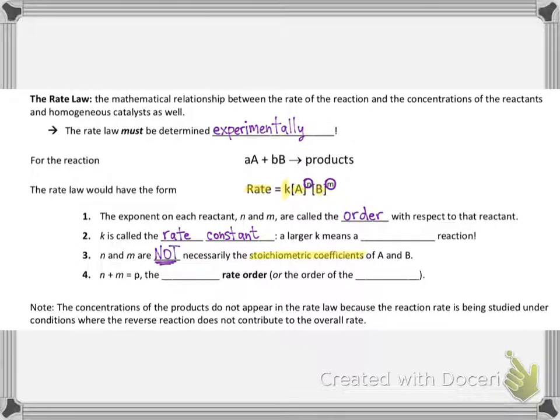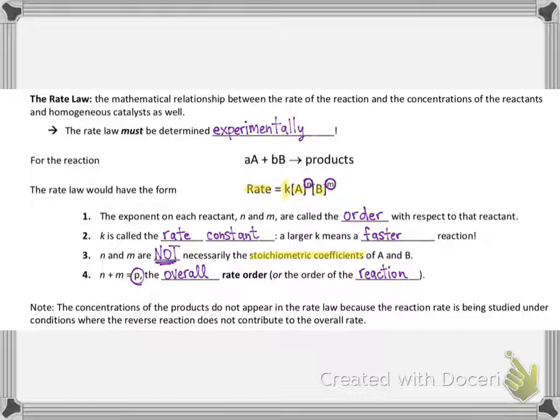Now, as you can probably tell from the way that this equation is arranged, if you increase k, the rate goes up. It's a direct relationship. So a larger k means a faster reaction. You can also add those exponents, n and m, and you get something that's occasionally referred to as the letter p, which is the overall rate order, which is just the order of the entire reaction. Okay, now something else that's important to note.